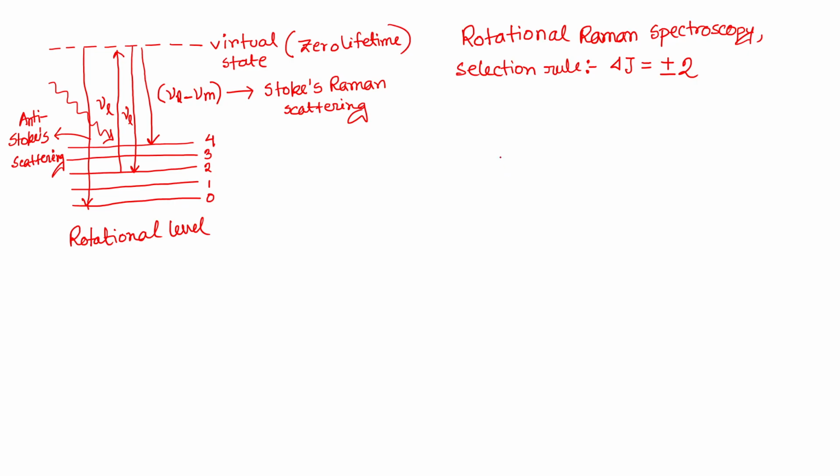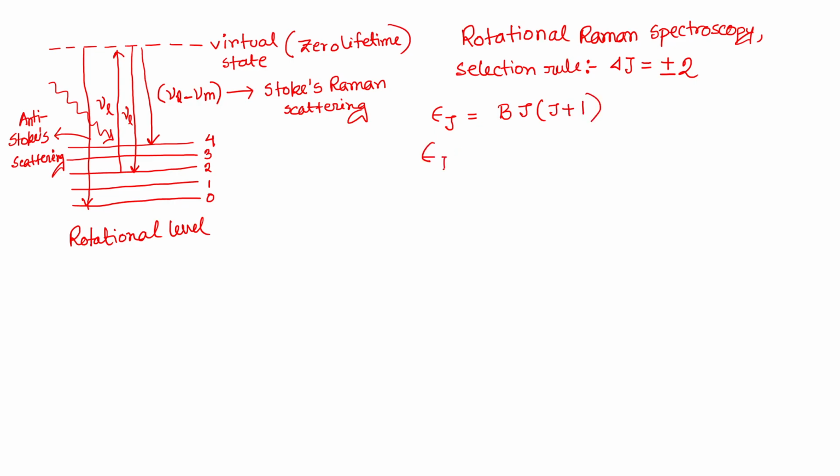Now let us see what the energy levels are, and from which question we started. Our main question was how to calculate the bond length for a homonuclear diatomic molecule, as we cannot do it with microwave spectroscopy. So suppose the energy E_J is B J into J plus 1, right?